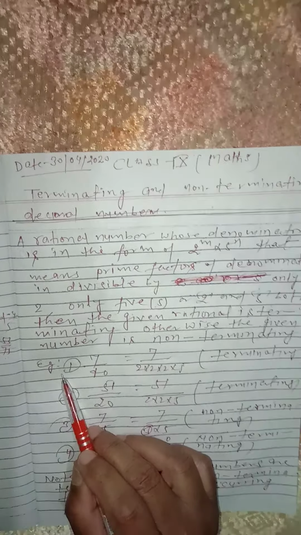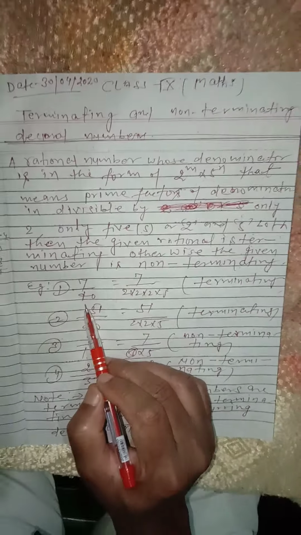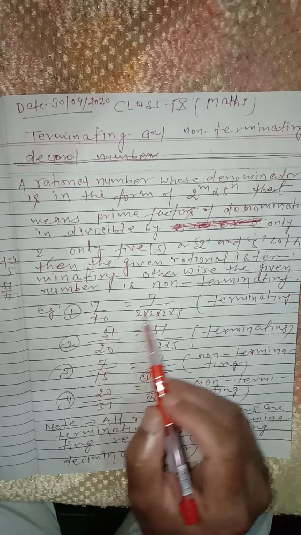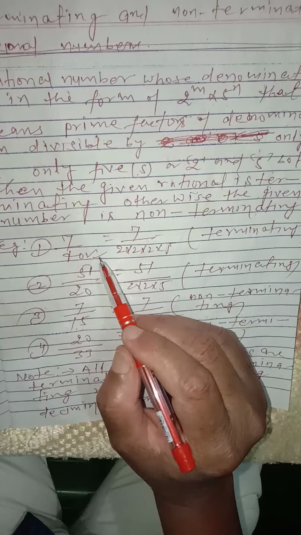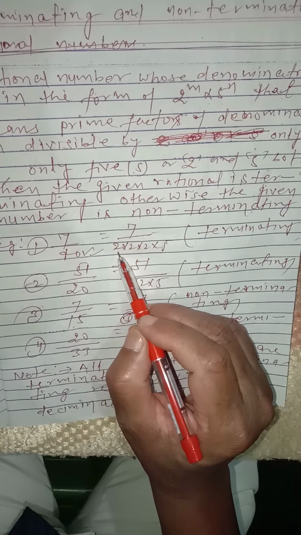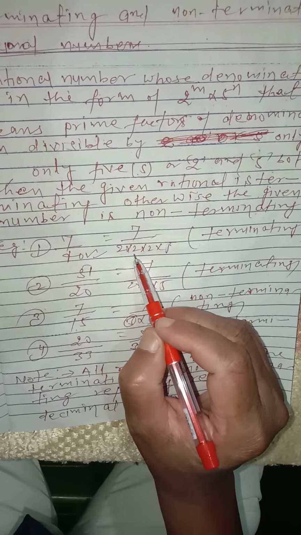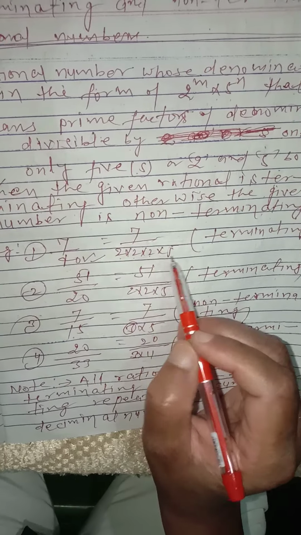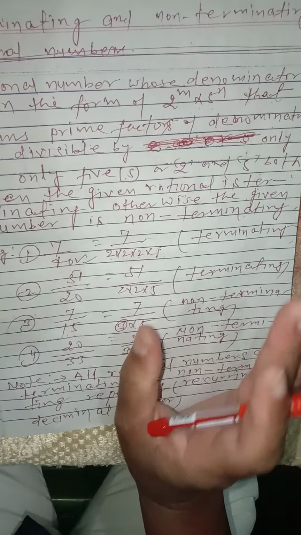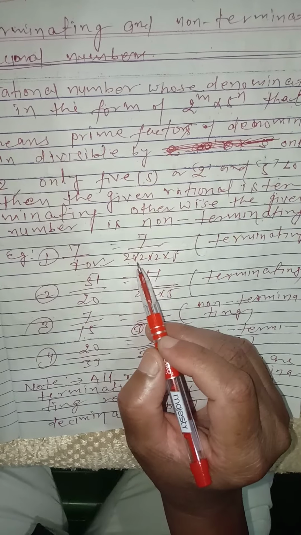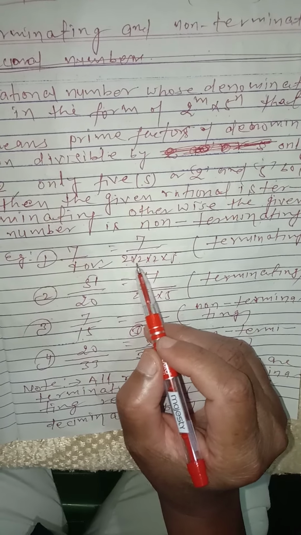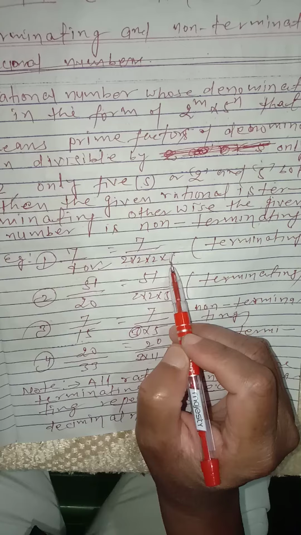For example, number 1, 7/40. In 7/40, the denominator is 40. The prime factors of 40 are 2 into 2 into 2 into 5. See carefully, the prime factors of 40 are only two numbers, 2 and 5.